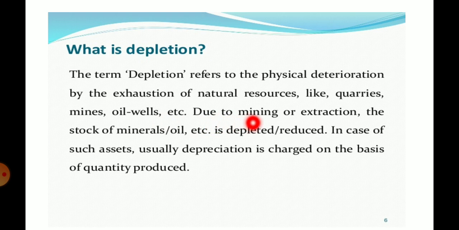Due to mining or extraction, the stock of mineral, oil or that asset which may not be renewable in the normal course of action, which are non-renewable resources, these assets get depleted. Okay, so usually depreciation is not charged on it, depletion charge will be charged on it.